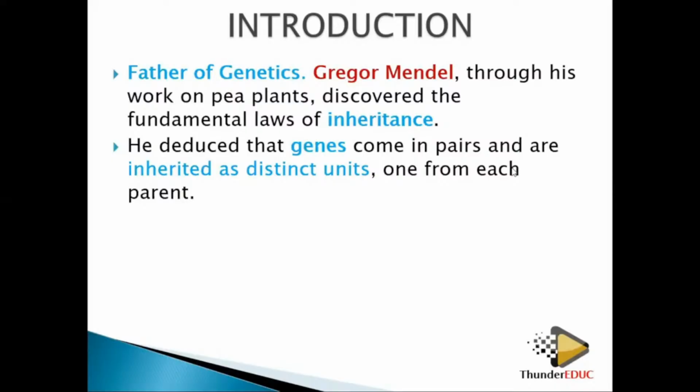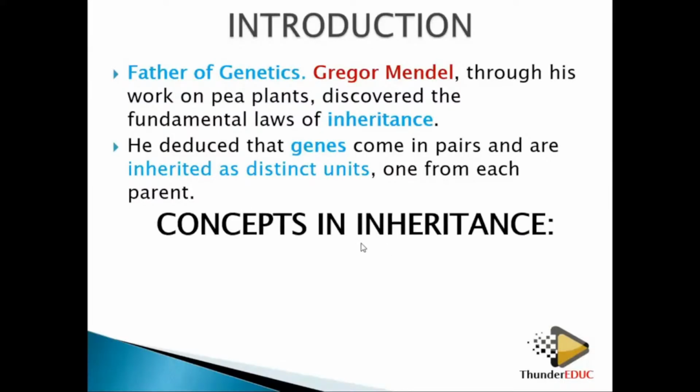So they come in pairs and are inherited as distinct units. It means that one character is not interfering with another character during inheritance. Each character is inherited separately, one from the father and one from the mother. It means that each parent is supposed to give one part of the character. Remember, there are supposed to be two, so the first part comes from the father, the second part comes from the mother. That's what he is saying.